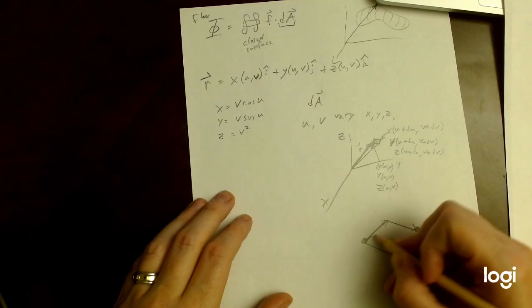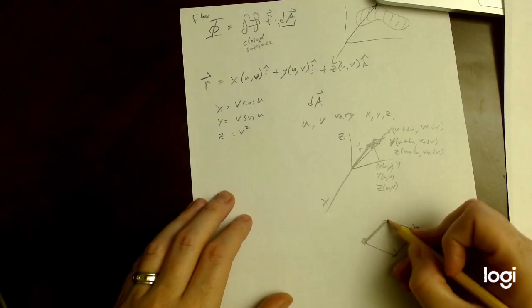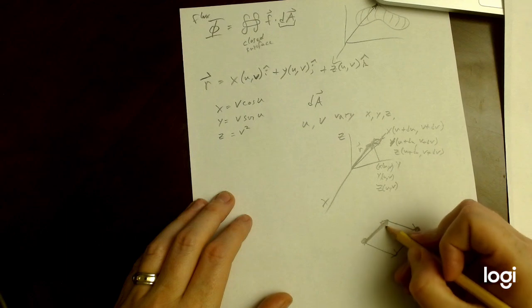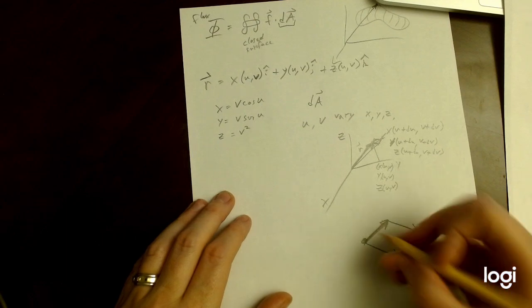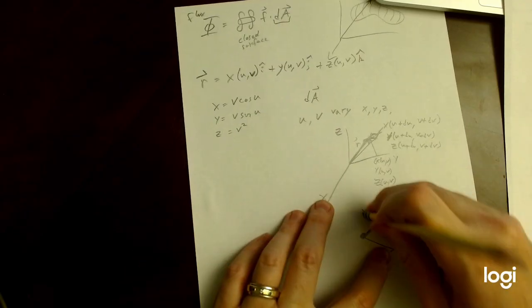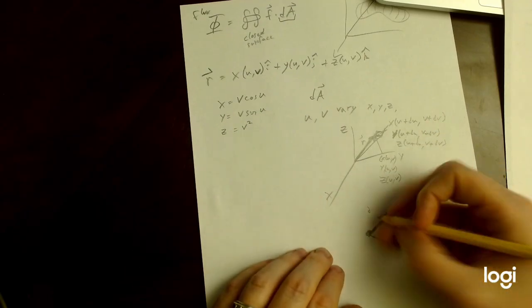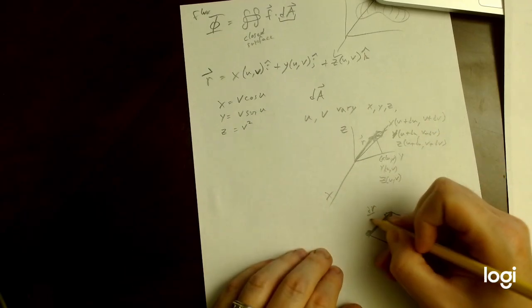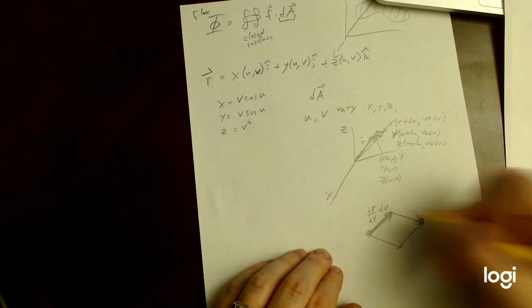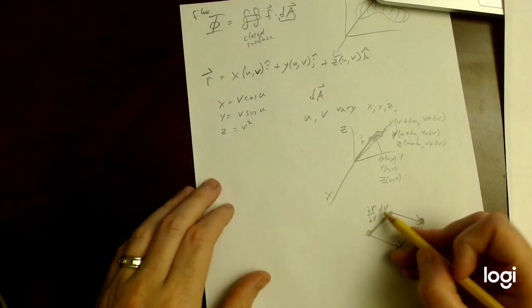As I vary the value of v, I move in this direction. You can think about this as being the partial derivative of r with respect to v times the amount by which I've changed v, dv.